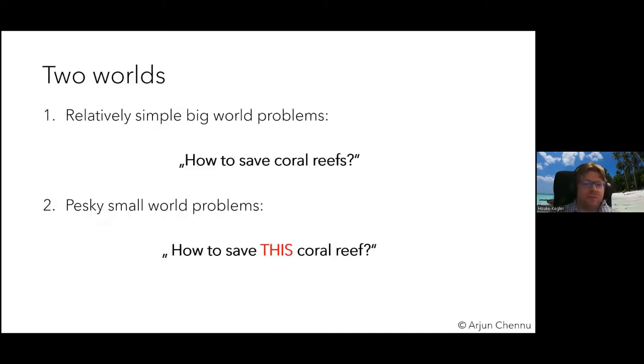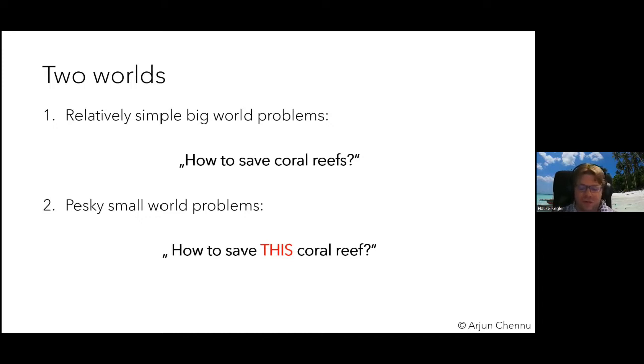Basically, we are also dealing with two worlds. So we have relatively not simple, but simple to address big world problems. So how to save coral reefs. We know what to do. So we have enough information to address this topic in general. It becomes much more pesky when we want to address specific coral reefs.